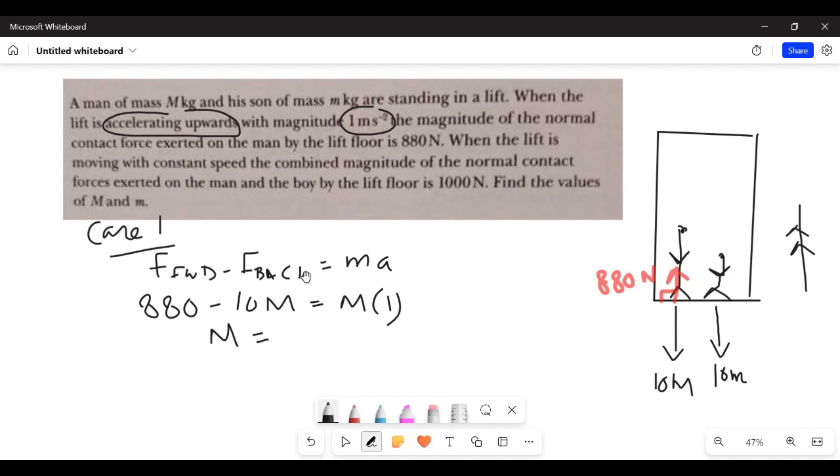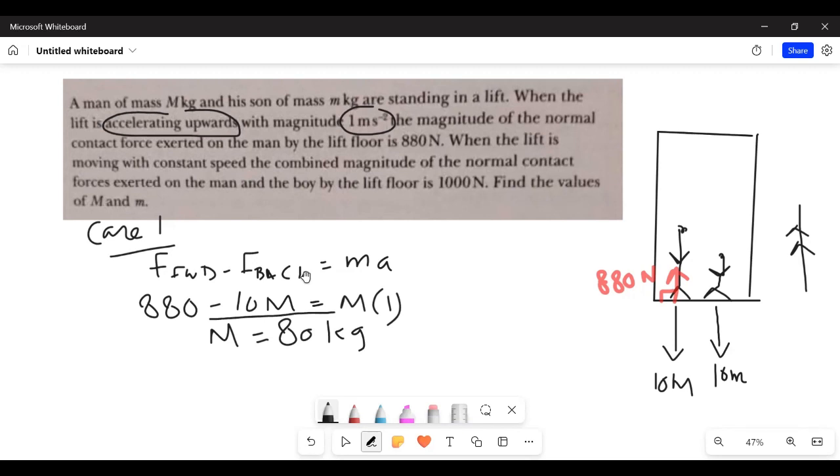Give me the value of M from here. What are we getting? 80. Okay, 80 kilograms.